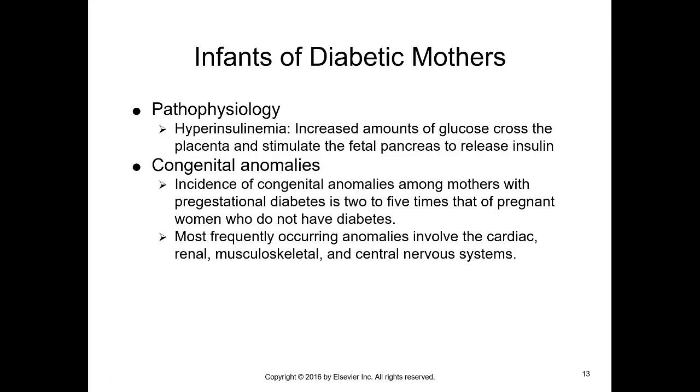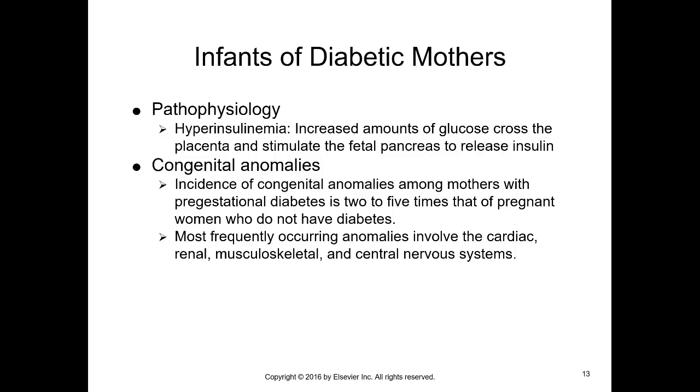Pathophysiology: hyperinsulinemia, or increased amounts of glucose, cross the placenta and stimulate the fetal pancreas to release insulin. There are a lot of congenital anomalies around infants of diabetic mothers. The incidence of congenital anomalies among mothers with pregestational diabetes is 2 to 5 times that of pregnant women who do not have diabetes.